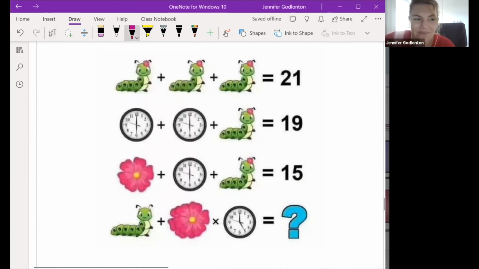Okay, so the caterpillar is 6, and then 6 plus 6 plus 6 equals 21. Yes, ma'am. Isn't the caterpillar 6, ma'am? No. But I love the confidence.